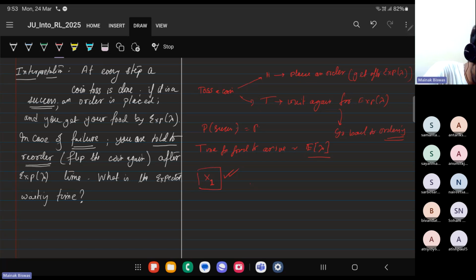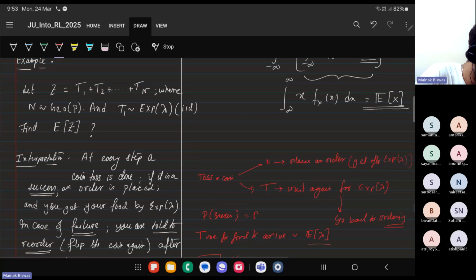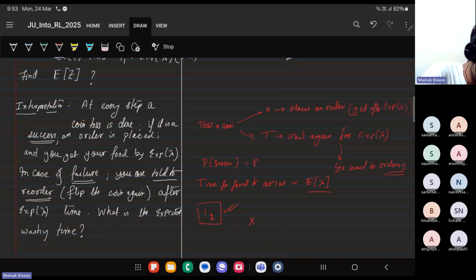So let's say t1 is the time for the first exponential lambda time period, that is, before you can reorder or get your order.